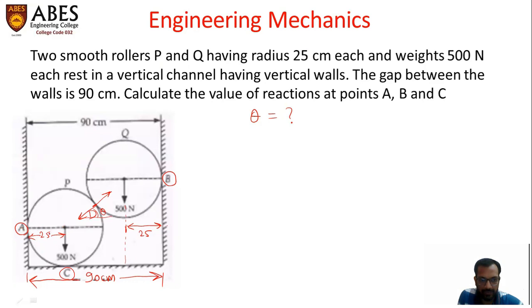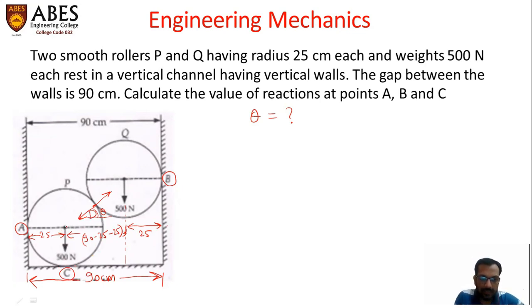So this side is 25, this side is 25. Therefore, what is the distance between this point and this point, meaning the horizontal distance between the centers of the rollers? This will be 90 minus 25 minus 25. This will be the horizontal gap between the centers of the rollers.